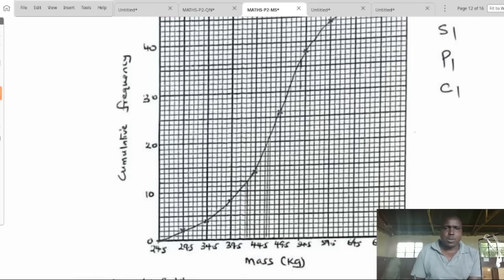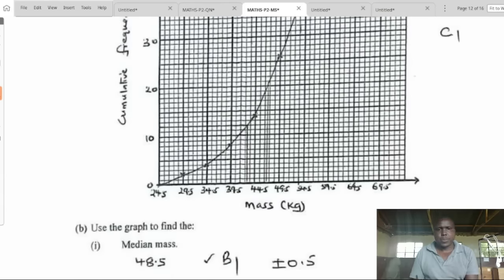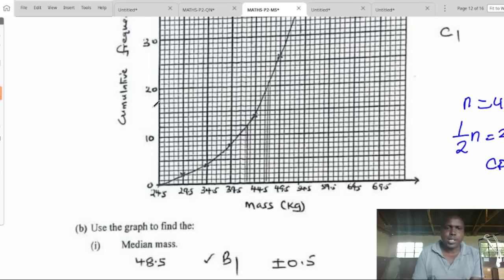Now once you have drawn the smooth curve like this, we are going to use this curve, the ogive curve, to calculate the median. Our n is 48. So median is a half n, a half n, that is 24. So you come here where we have the CF equal to 24. So where is 24?